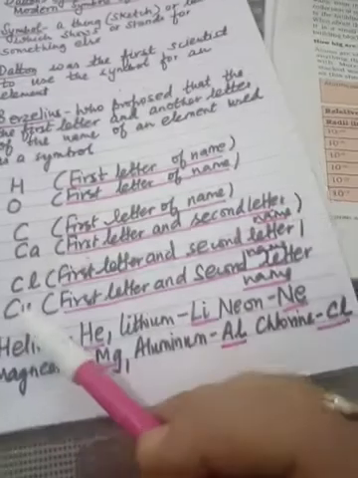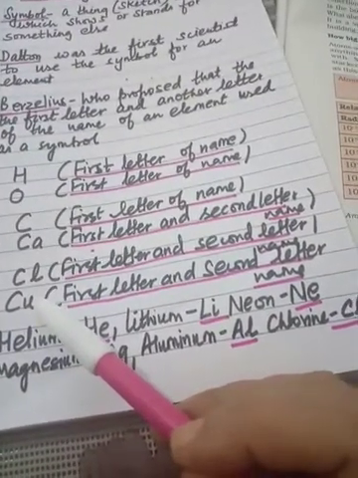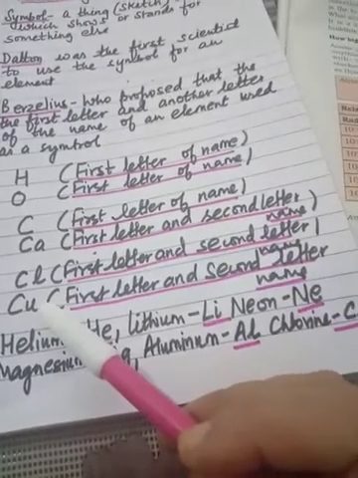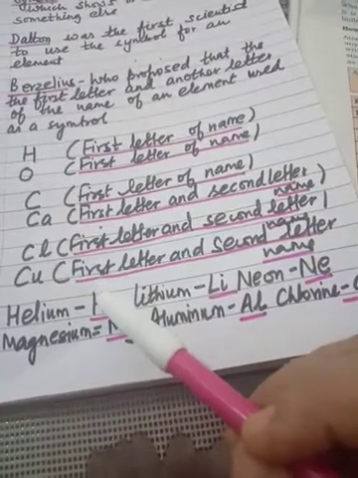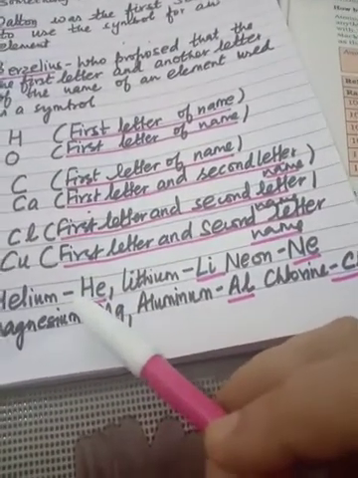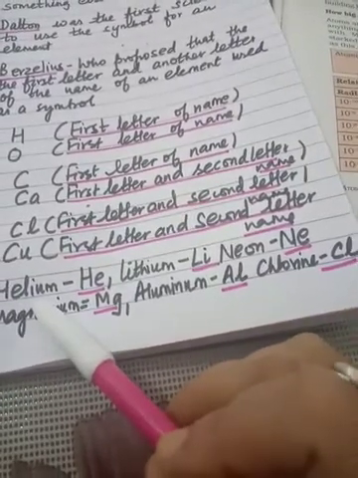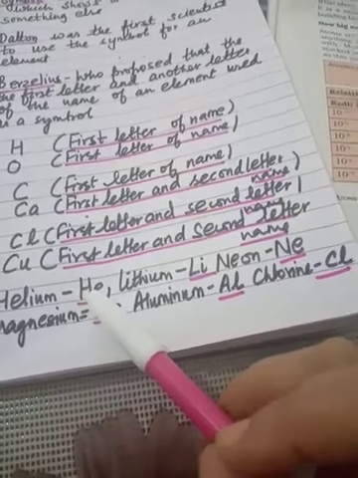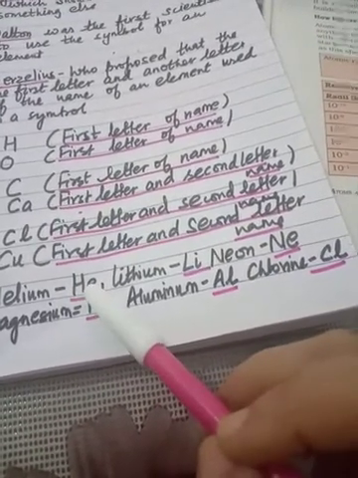But please, children, note down that in case of two letters, the first letter is a capital letter and the second letter is small. In case of helium, He: H is capital, e is small.